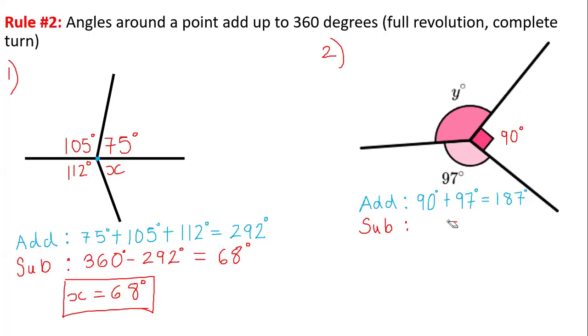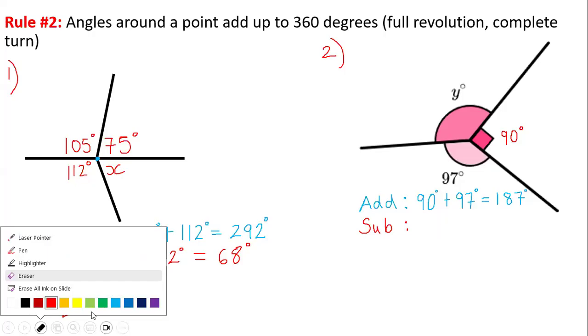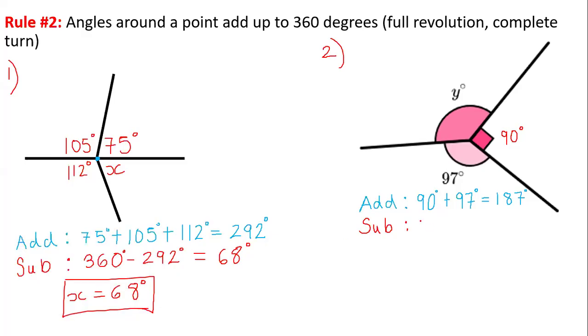So it's 360 degrees minus 187. That's going to be equal to what? 173.